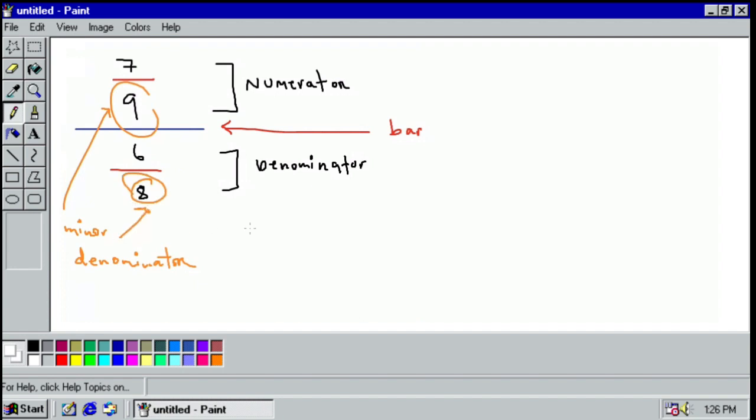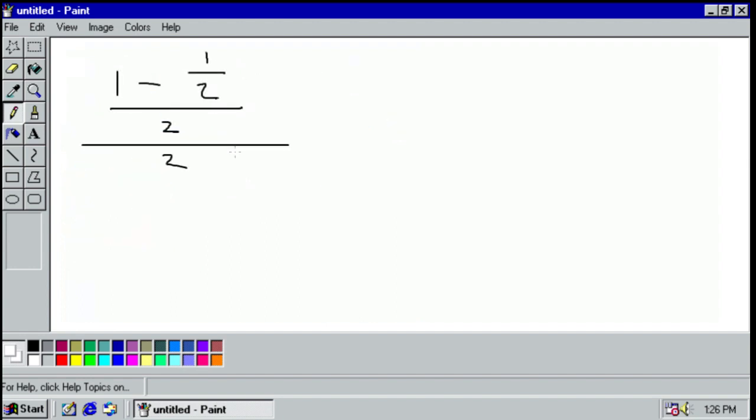And also, this part is the minor denominator. So let's solve some problems. Now this one will be tricky. So we have three sets of fractions here, this one, this one, and this one.